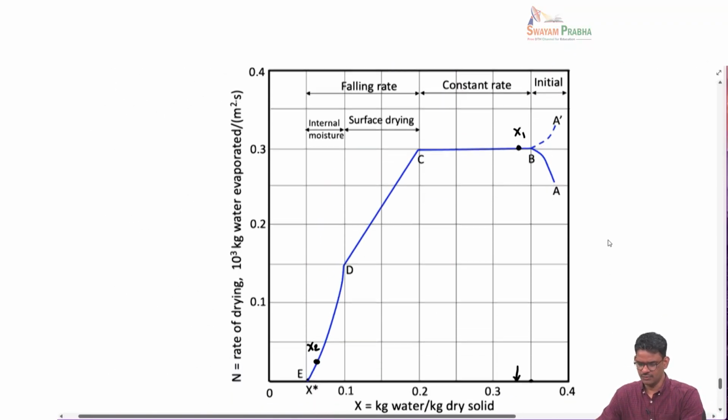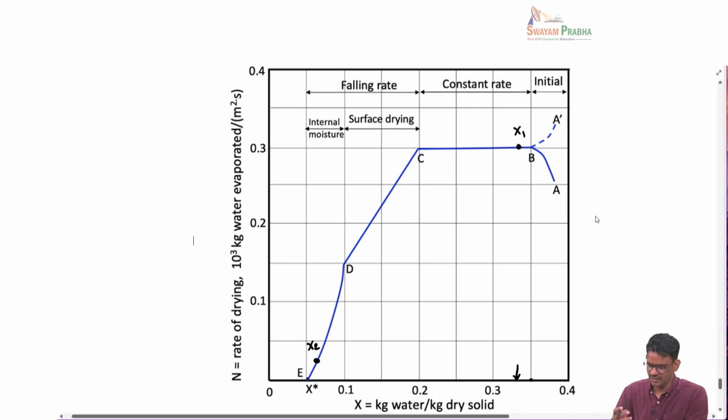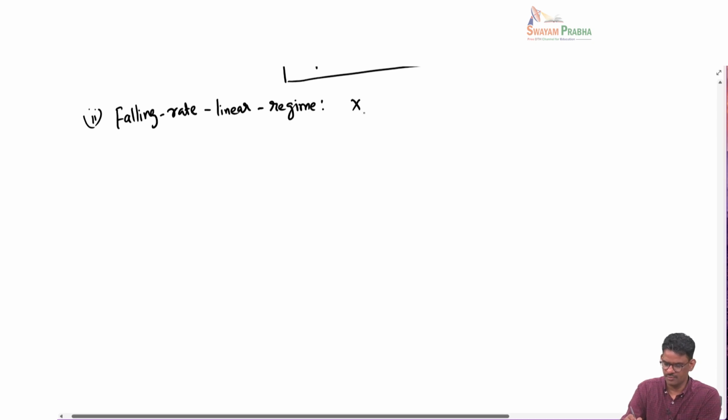So now what we have found is the time taken for drying from x1 to xc. The next is to find the time taken for drying from xc to point D, which corresponds to point 1. So the second region is falling rate, a linear regime, from xc, point 2, to xd, which is point 1.